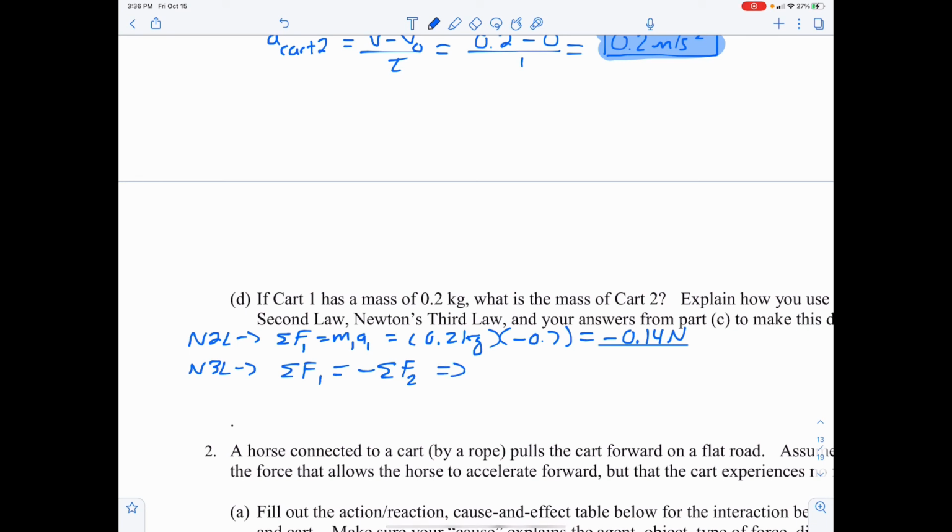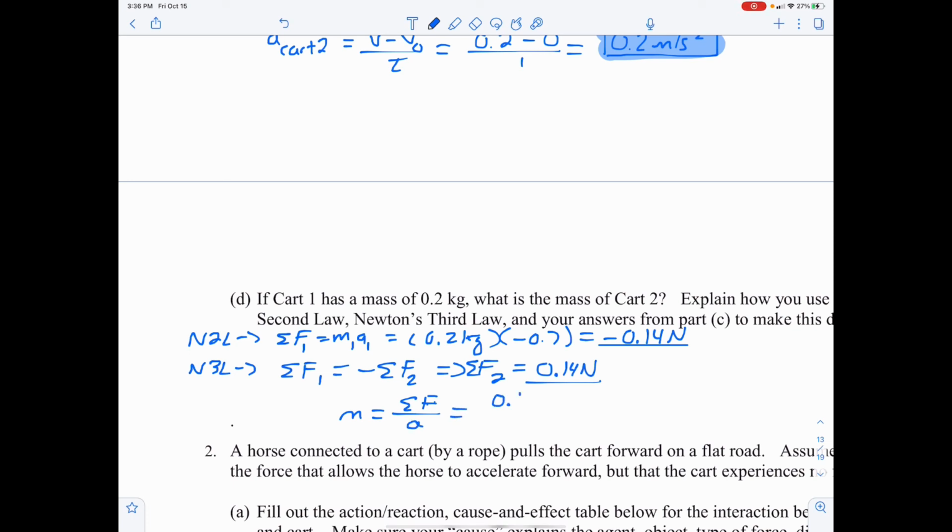Therefore, the net force on 2 would be positive 0.14, because you're going the other direction. And the acceleration could be found by going net force divided by mass. Back that up. Mass could be found by going net force divided by acceleration.